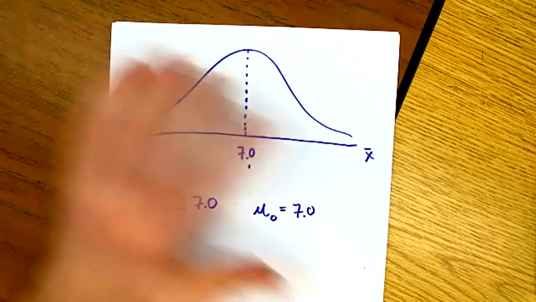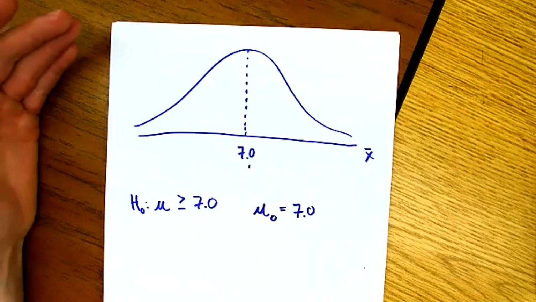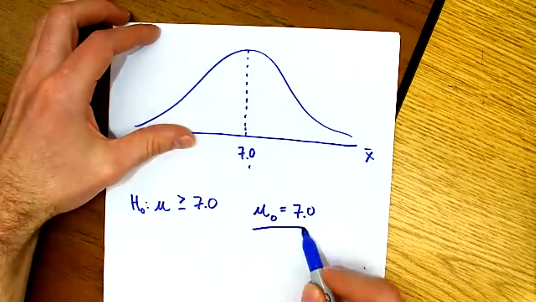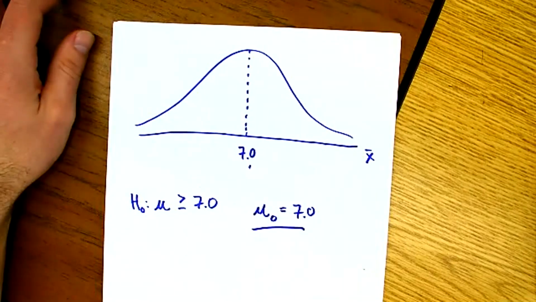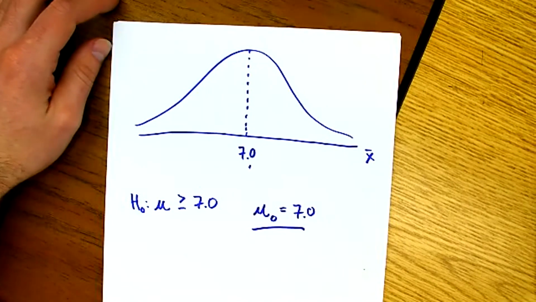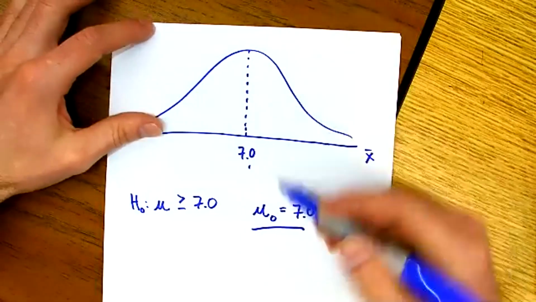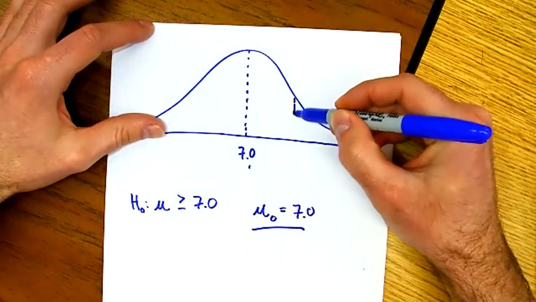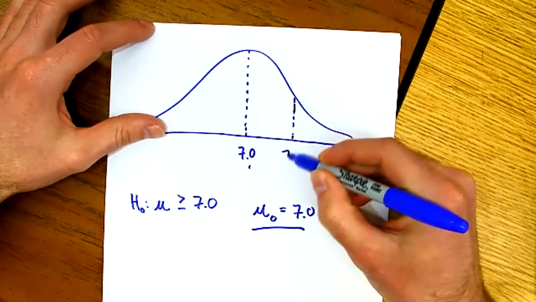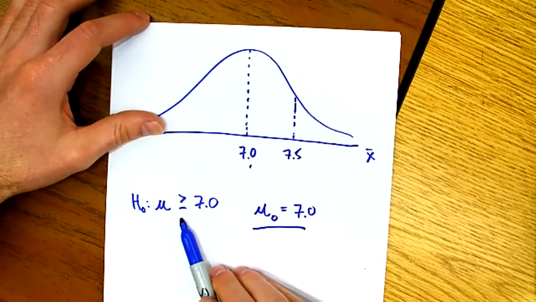We know that sample means are normally distributed around the population mean. Well, I can't see the population mean here, but I've assumed it's a certain value. So we're going to go off the assumption that that is in fact true. Okay? Well, if I take a sample and I see a sample mean of 7.5, well, that supports the null, right?